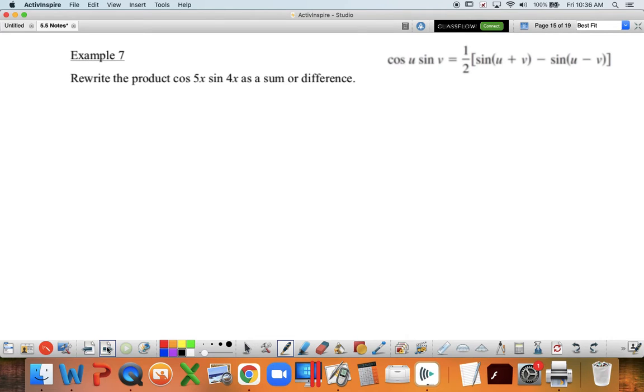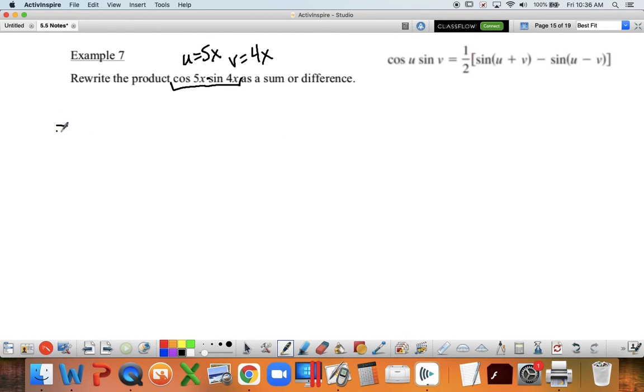So in our first example, they're saying, okay, you've got the cosine of 5x times the sine of 4x. So I've gone ahead and copied that product to sum formula that we're going to need to use, and my u is 5x and my v is 4x when I plug it into this equation.